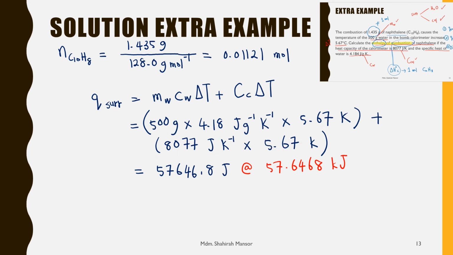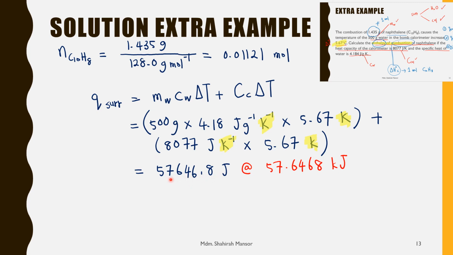And please remember, our unit for specific heat capacity of water is per Kelvin. This is also per Kelvin. So for the delta T, we just change the unit to Kelvin. Don't convert this 5.67 by adding 273.15. Don't do that, because delta T, whether in Kelvin or in degrees Celsius, has the same value. So you will get the answer for Q surrounding.